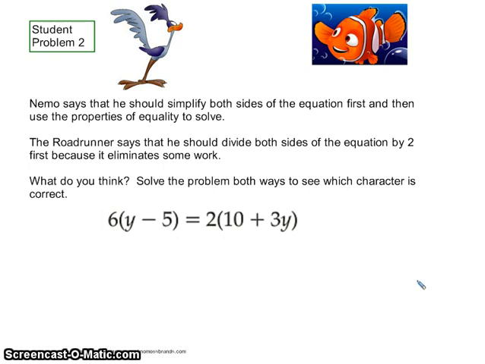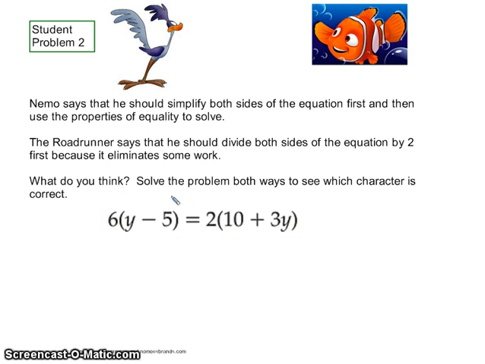Your next challenge is to decide if Nemo or Roadrunner is correct. And maybe they're both correct, but for different reasons. So let's see. Nemo says that he should simplify both sides of the equation first and then use properties of equality to solve. The Roadrunner says he should divide both sides of the equation by 2 first because it eliminates some work.